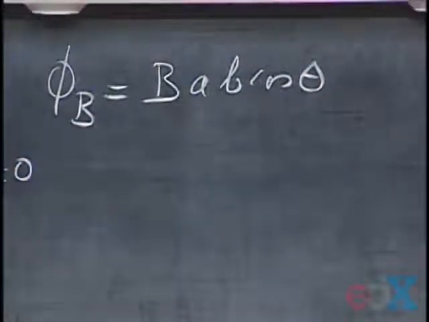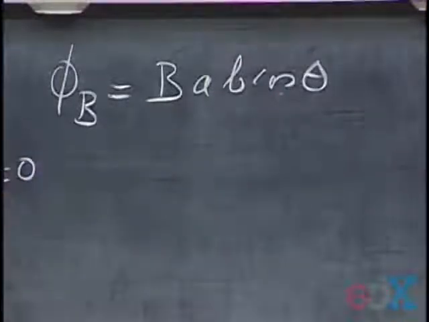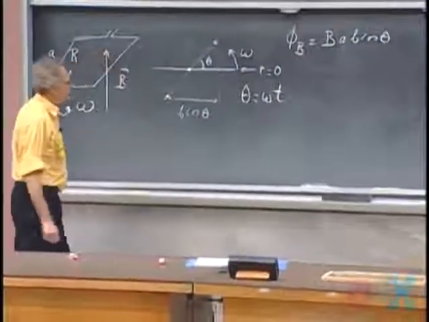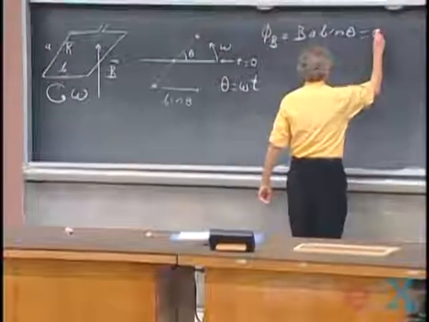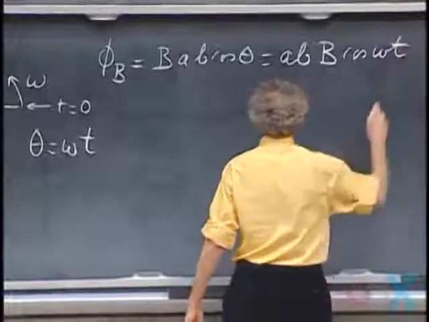So that's the flux. But cosine theta is changing with time. Theta is omega t, constant angular frequency omega. So the magnetic flux is AB B cosine omega t.